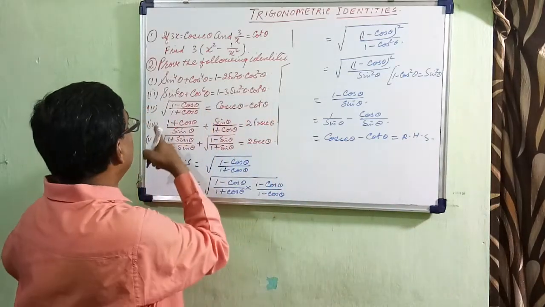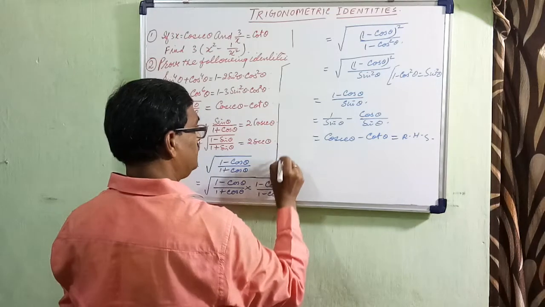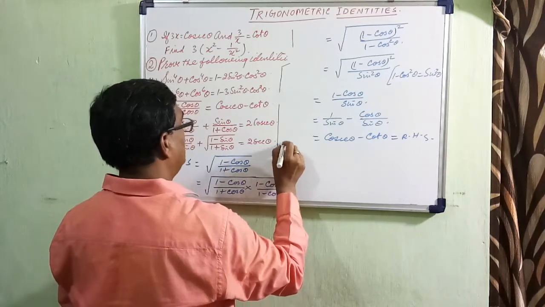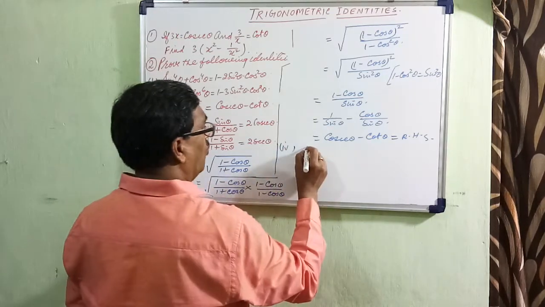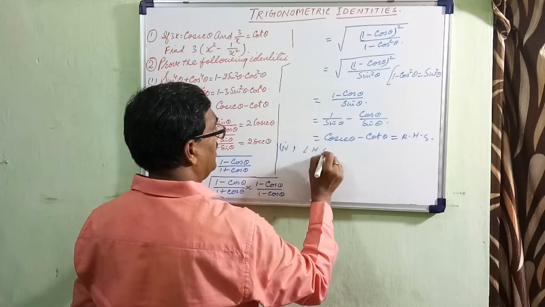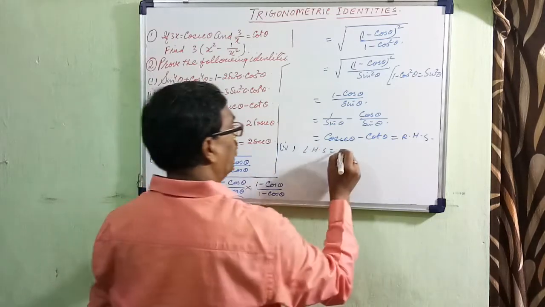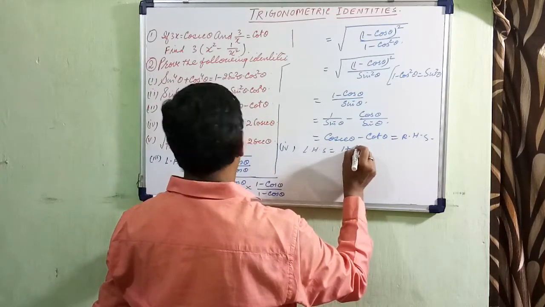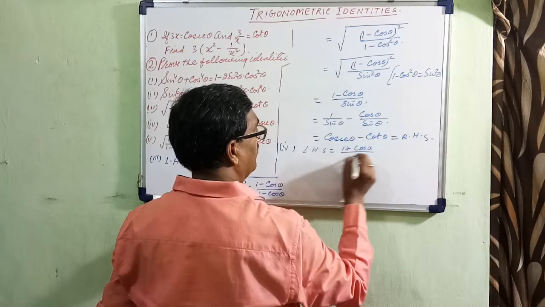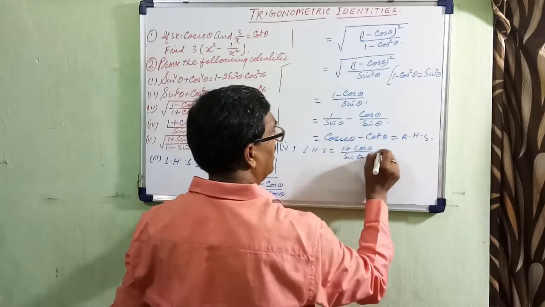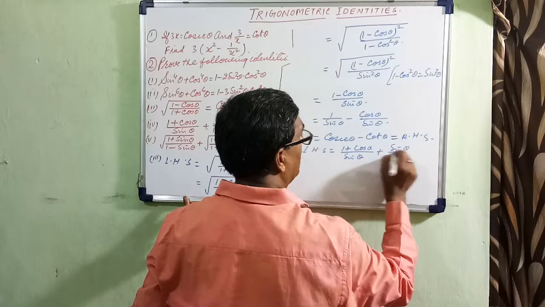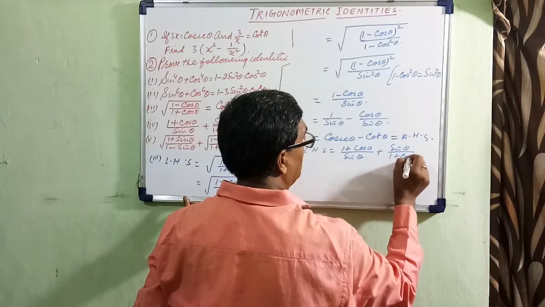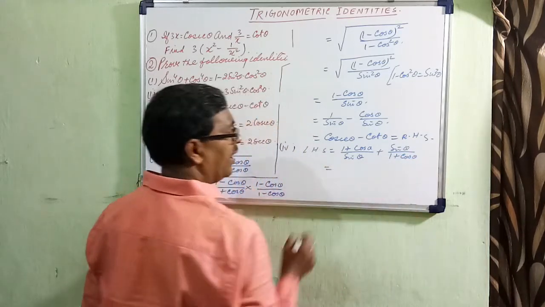Let us see the fourth one. What is the fourth one? LHS you take sin theta by 1 plus cos theta plus 1 plus cos theta by sin theta. What do you have?